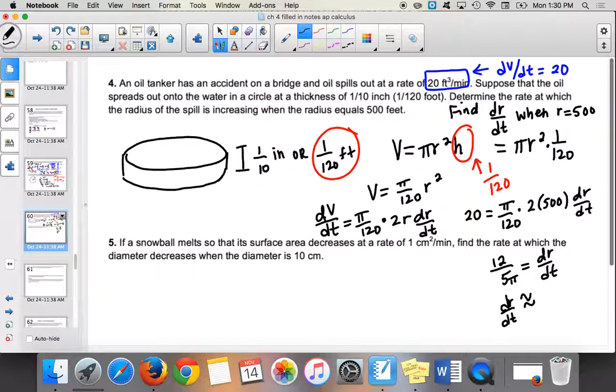You should get 0.764. And your units are feet per, what is it, second? My calculator lied. A lot of people will mess that up. Oh, so it's feet per minute.